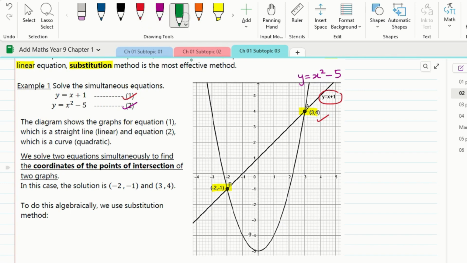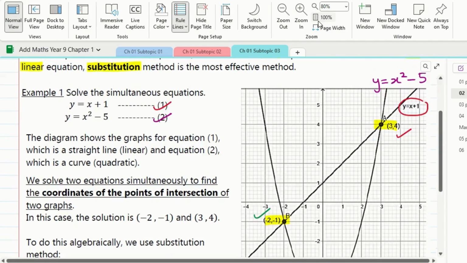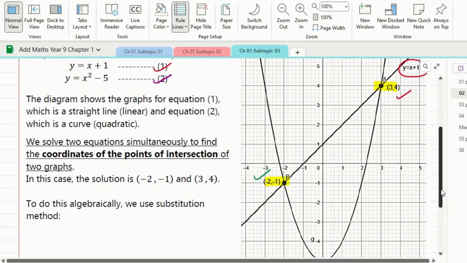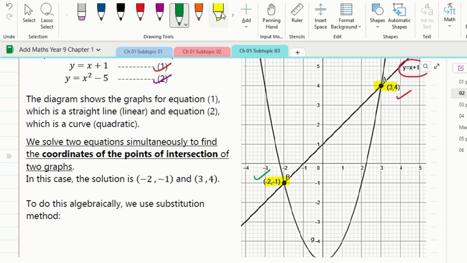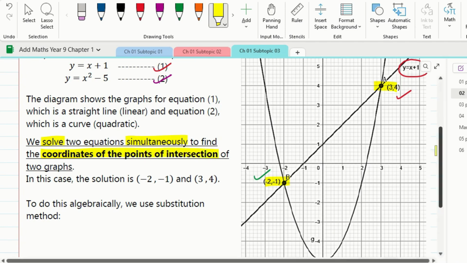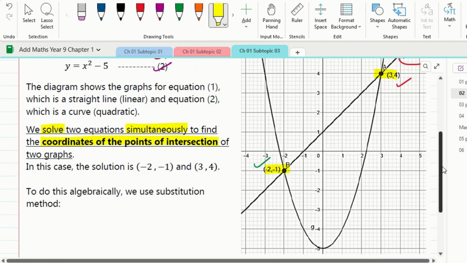And as for the second one, B, the answer for x is -2 and the answer for y is -1. So that's the concept of simultaneous equations. If you deal with the diagram, you are solving it simultaneously, and the solution means that you have found the coordinates of the points of intersection of the two graphs. So in this case, the solution is given there.